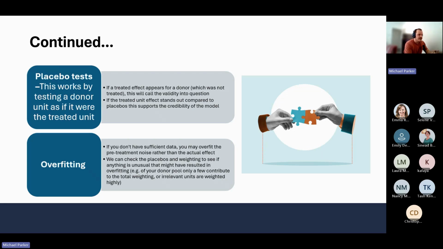Whereas if we see that in our case unit in California there was a substantial difference in the treatment effect when we run the model on all the placebos, we know there's probably a credible treatment effect there, and we can more safely say that the intervention actually had an impact.